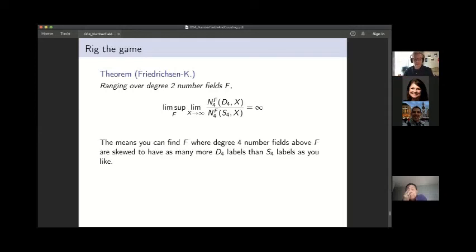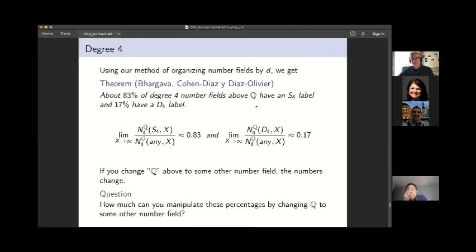Said differently, you can find F where, if you look at the degree 4 things above F, you can find examples of F that are skewed to have as many more D4 labels sitting above them than S4 labels. You can actually take these percentages, 83 and 17, and skew them as much as you want in favor of this expression over here.